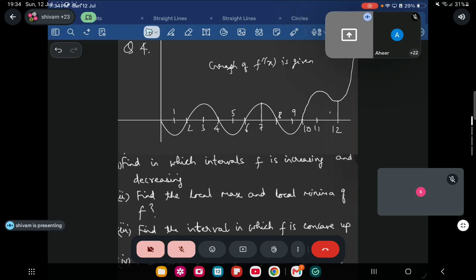Okay, Rishabh, where it is increasing, where it is decreasing. You didn't write part 1. You have to mention, right? Part 2 is correct. But mention everything. It would be easier for me to check.